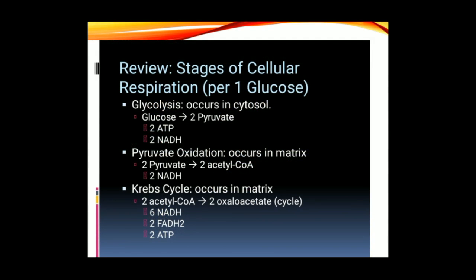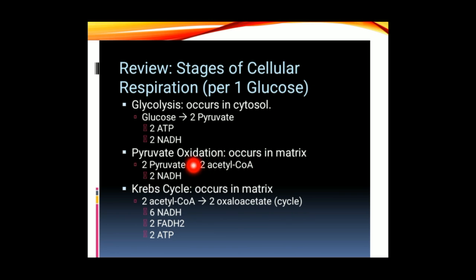Now let's review the stages of cellular respiration. Glycolysis occurs in the cytosol, in which glucose converts into two molecules of pyruvate, releasing 2 ATP and 2 NADH. The second stage is pyruvate oxidation, which occurs in the matrix, in which 2 pyruvate convert into 2 molecules of acetyl coenzyme A, releasing 2 NADH.